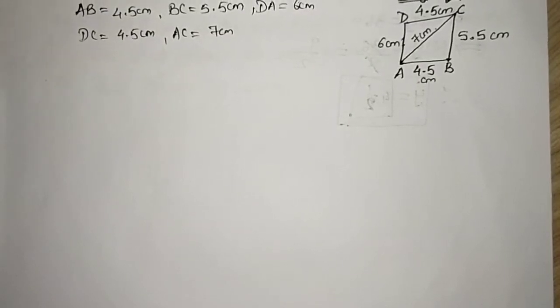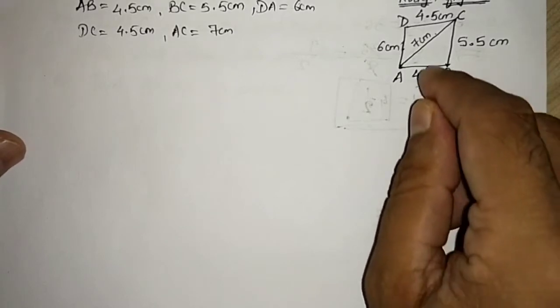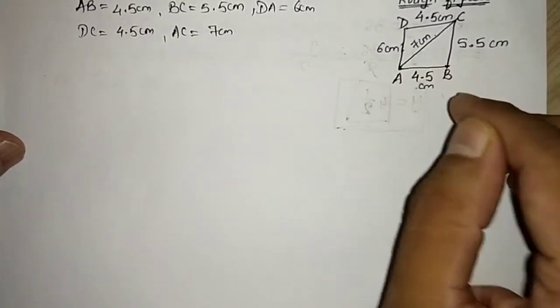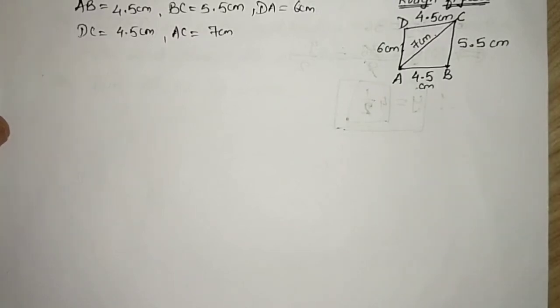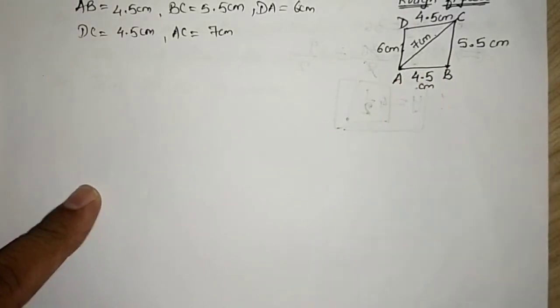Now, how to construct quadrilateral? First, I will take any one side. Let me take this side only so that you can construct the quadrilateral properly. So first of all, draw line AB of 4.5 centimeter.